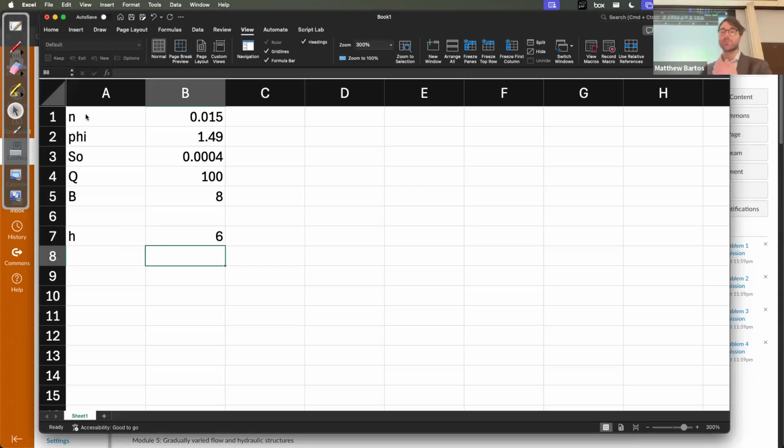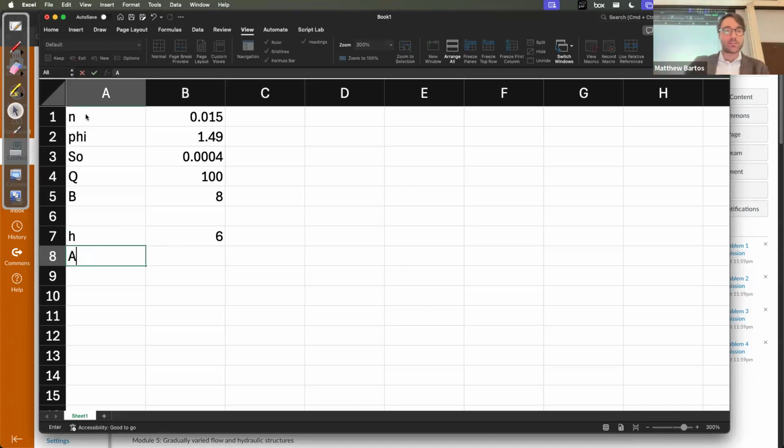So we have to iteratively solve Manning's equation to determine the value of H that meets this given discharge of 100 cubic feet per second. So what I'm going to do is create 2 helper cells to compute the area and the wetted perimeter. First, I'm going to specify a cell for the cross-sectional area.